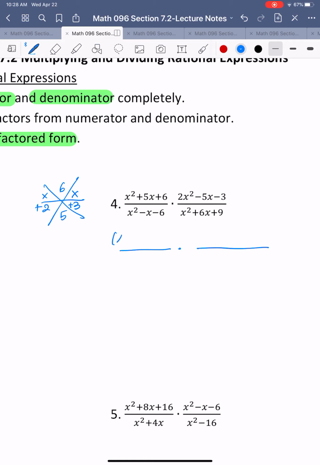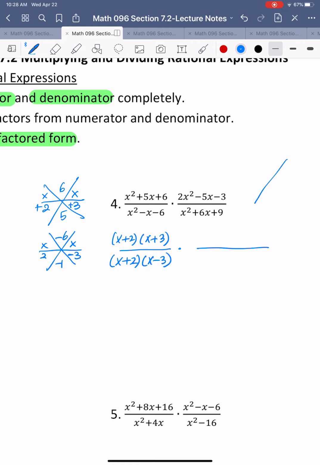So you've got x plus 2 times x plus 3. And then also the denominator, now you have negative 6, negative 1, or x and x, and then 6 has 2 times 3, which you need a negative 1. So this is how you do it. So you've got x plus 2 times x minus 3.